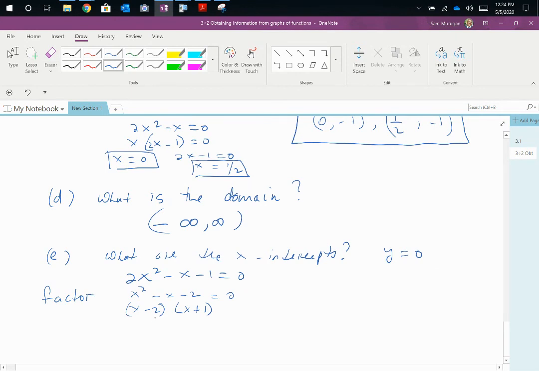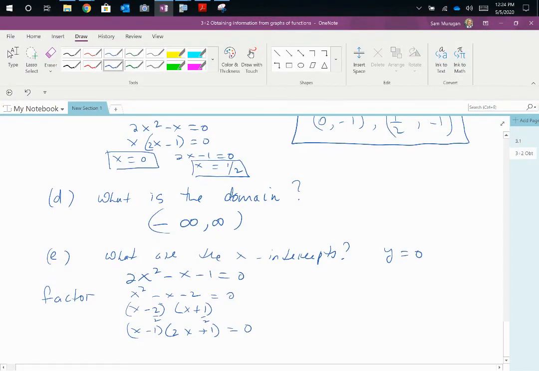I hope you guys are okay with factoring. One of the prerequisites of this class is factoring, okay? So I'm expecting that you guys know how to factor. And since we multiplied by 2, we're going to divide by 2 here. So x minus 1, 2x plus 1 is equal to 0.